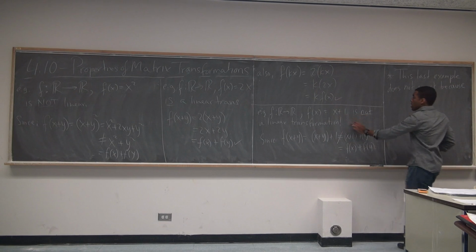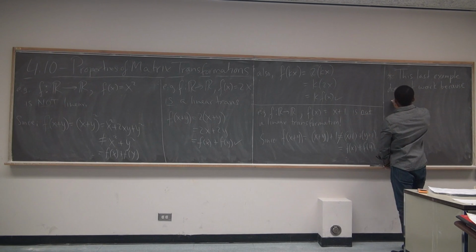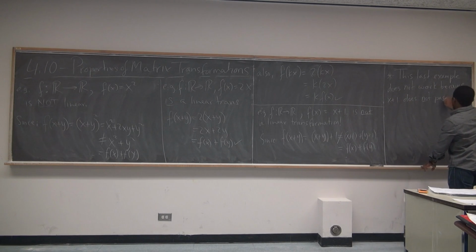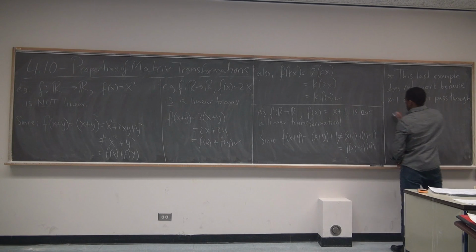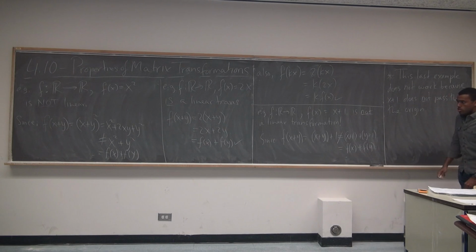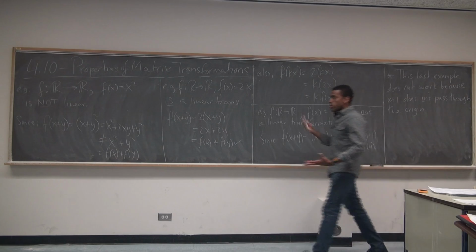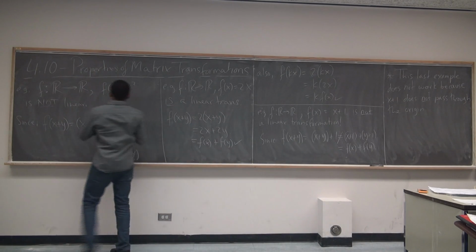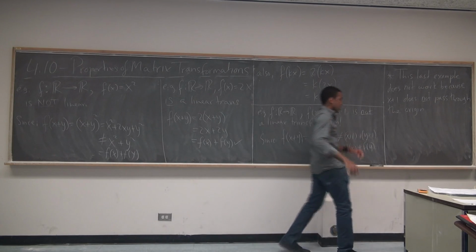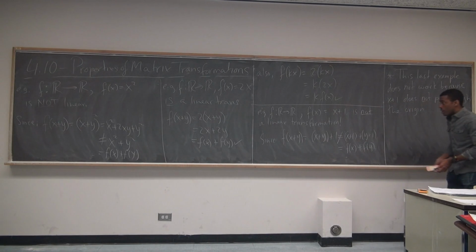That's a function that does not contain our zero vector. So technically, things that look linear are linear transformations only if they pass through the origin or the zero vector of whatever space you're looking at.